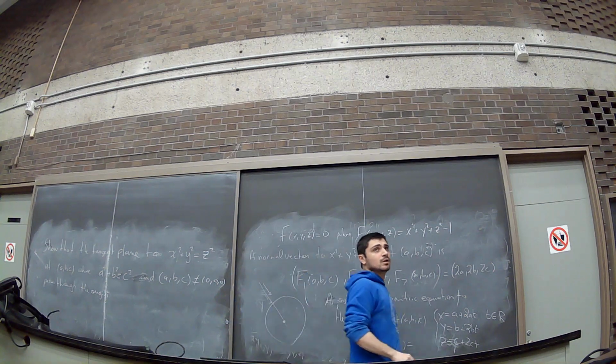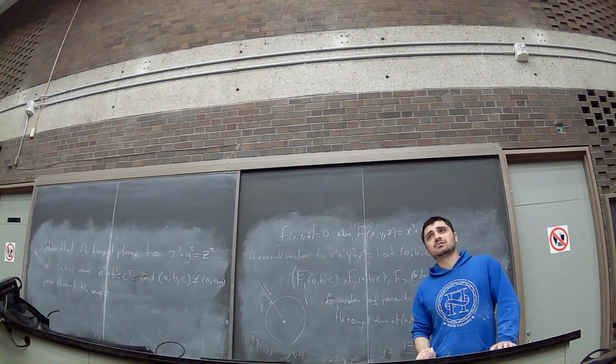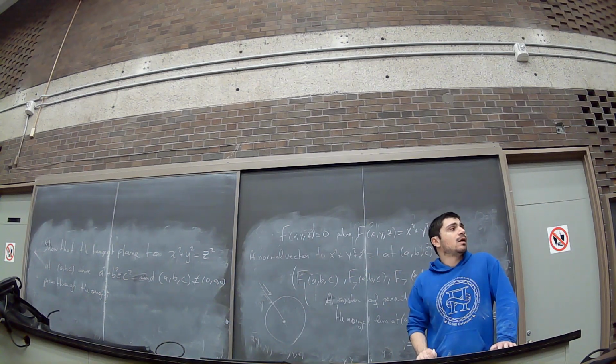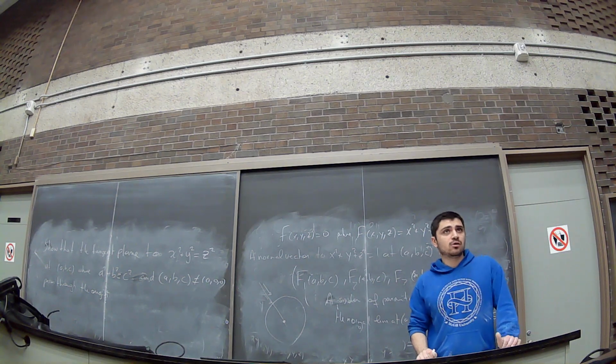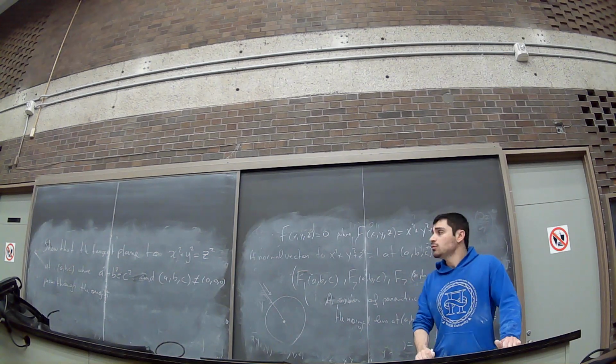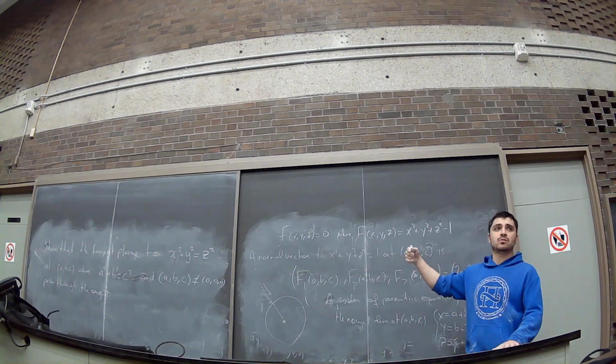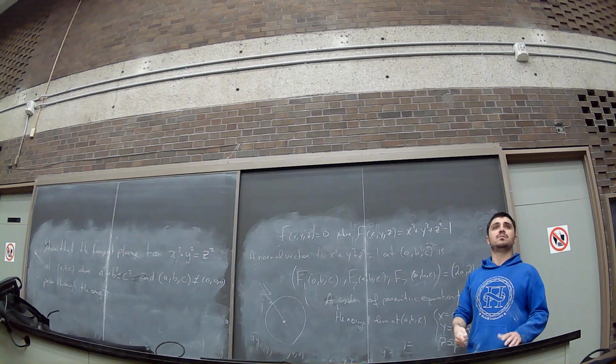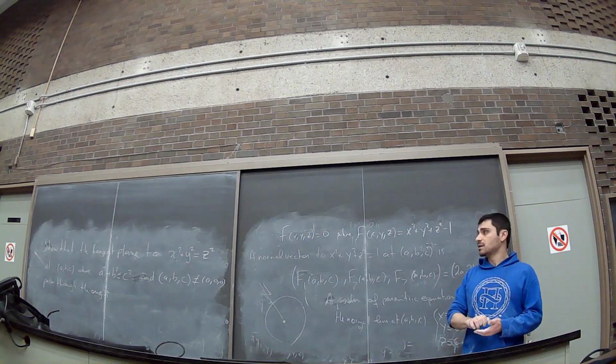Okay. So I have a point on my surface. How do I find the tangent plane? I need a normal vector, right? First of all, is this a surface where z is a function of x and y, or is it defined implicitly? Implicitly.